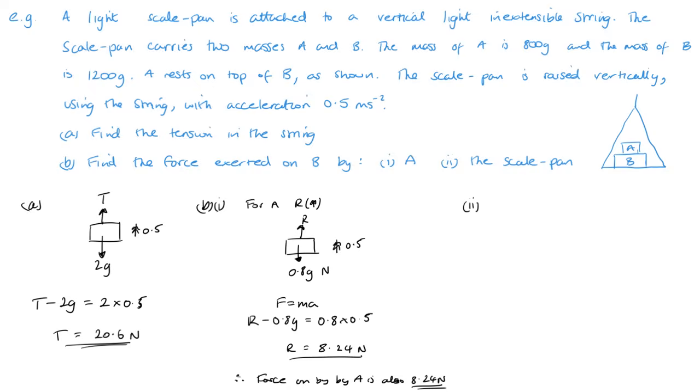Now, part 2, the scale pan. The force exerted on B by the scale pan. This is a little bit more challenging, well, not so much challenging, but challenging to think about.